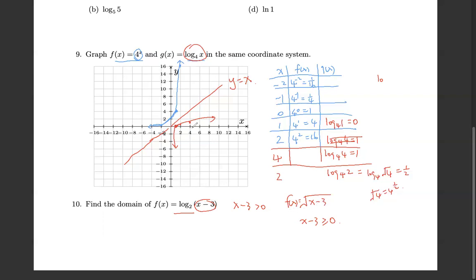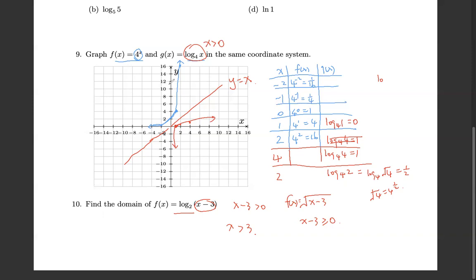For log functions, they only take positive x values as input. So this value here has to be positive, which means x has to be greater than 3 for this one. And for this one, the domain is x greater than 0.